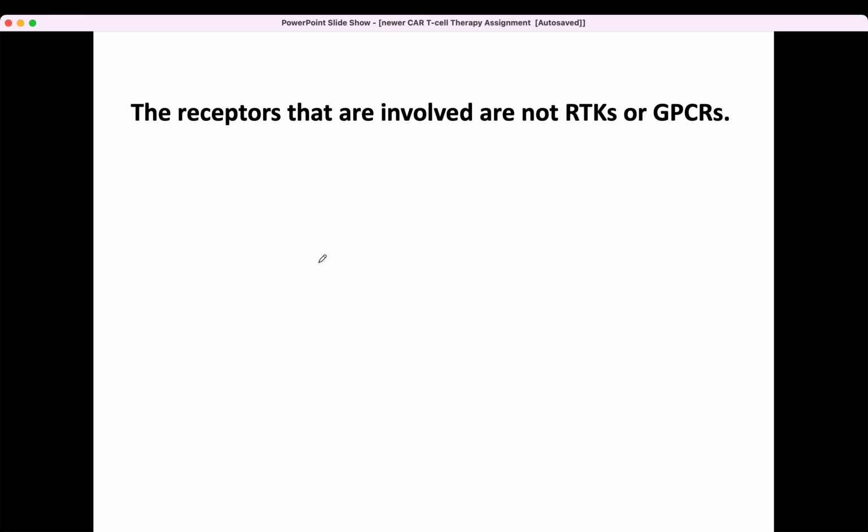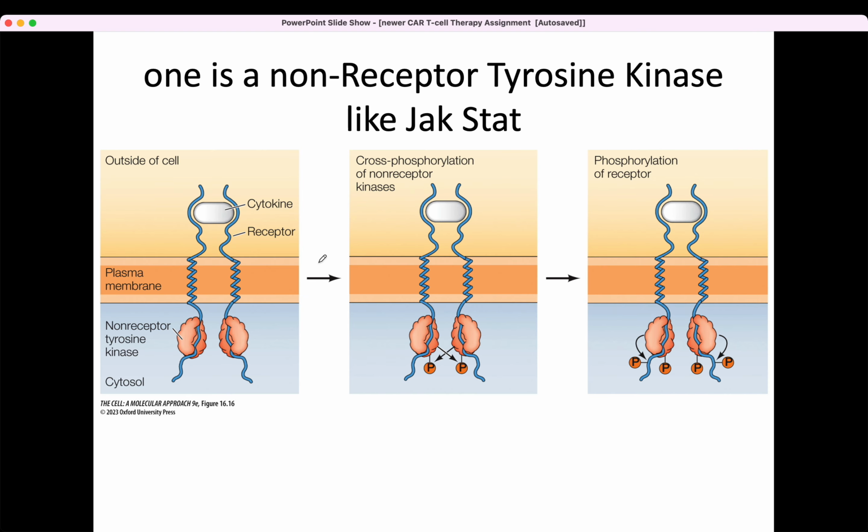The three receptors are not receptor tyrosine kinases or G protein coupled receptors. They're in that last group of receptors where there are different sets. So, for example, one is a non-receptor tyrosine kinase like JAK-STAT, but it's not JAK-STAT. So we're not going to learn the names of these receptors because they're in that unique category.